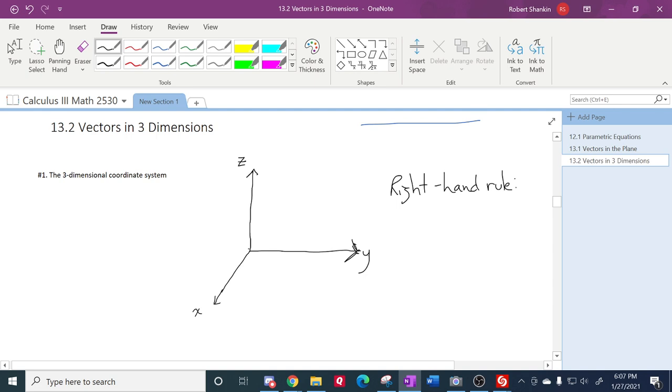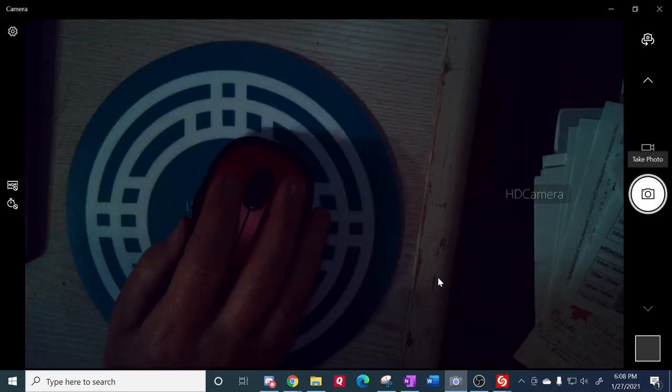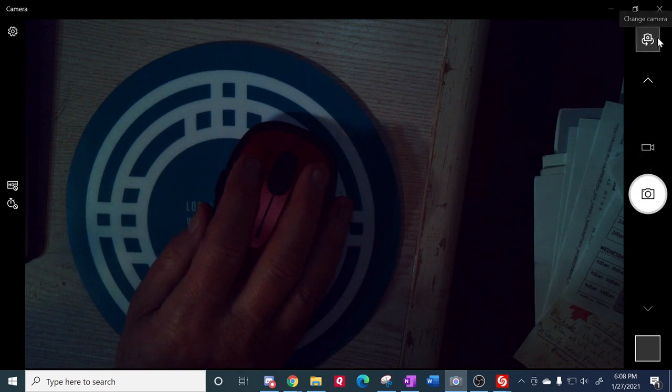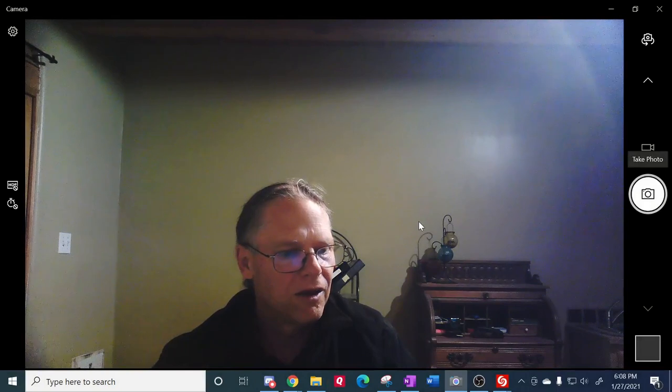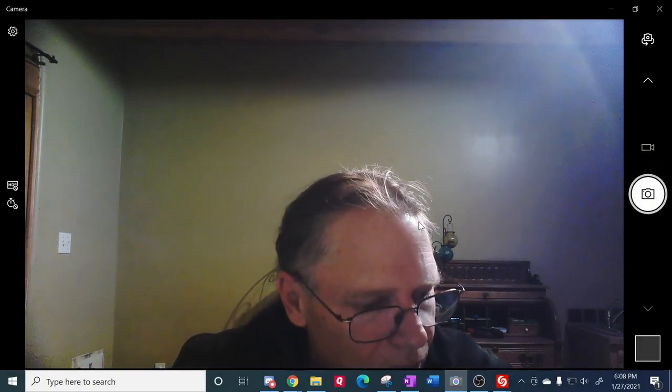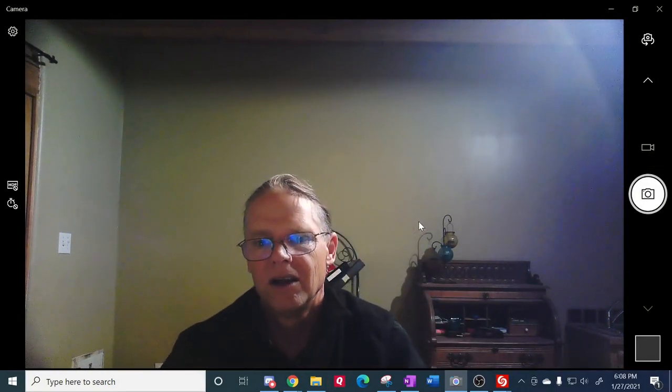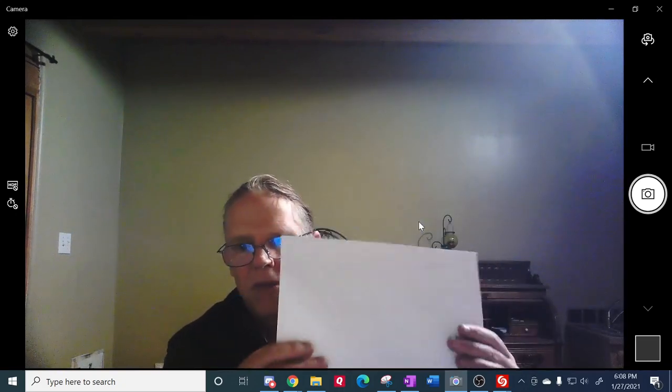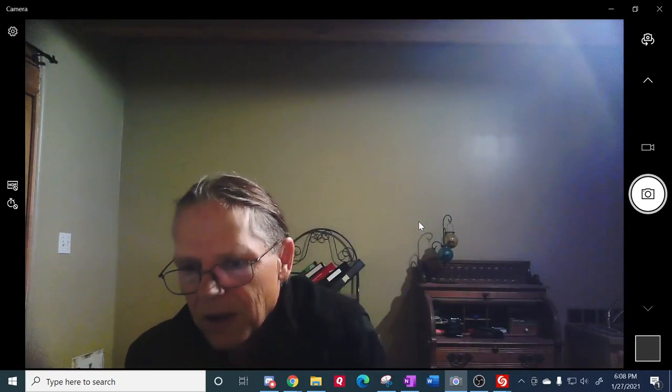So the right-hand rule is, if I take my right hand, now I'm going to switch to the camera here. Now you're seeing me. Okay, the right-hand rule. I've got a sheet of paper. Here's my Wacom tablet.